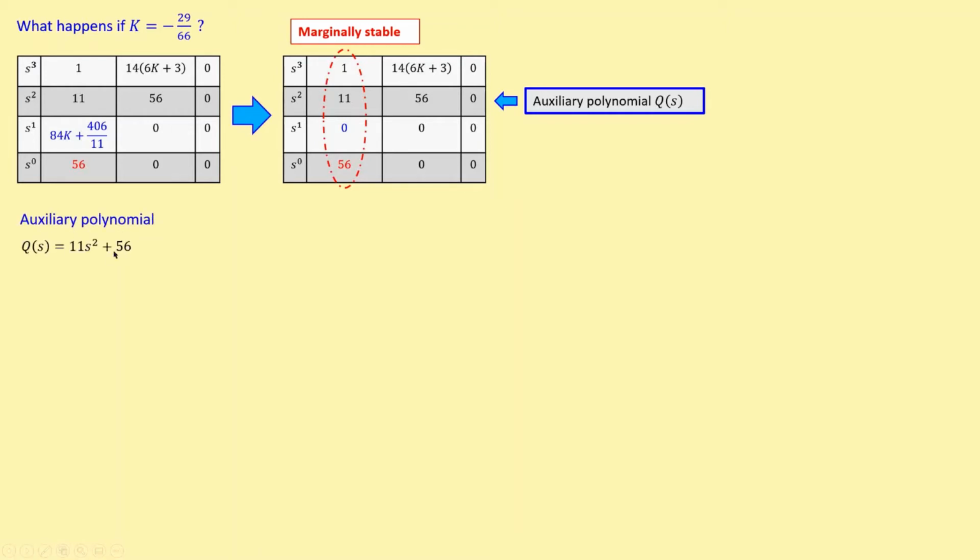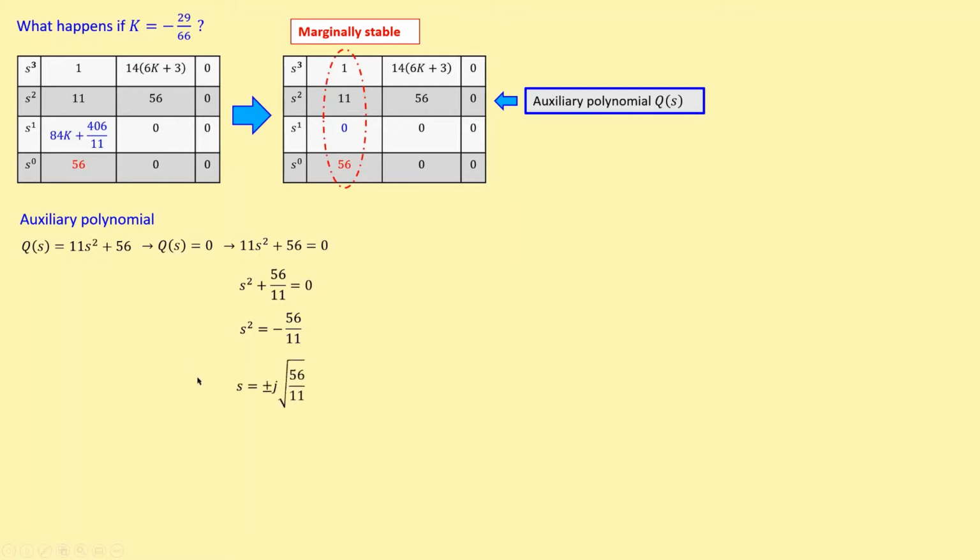If I now equate this to 0, I can determine from that the oscillation frequency. So 11s squared plus 56 is 0. Now I divide by 11 on the left and right side. If I continue with the simplification, s squared is minus 56 over 11.